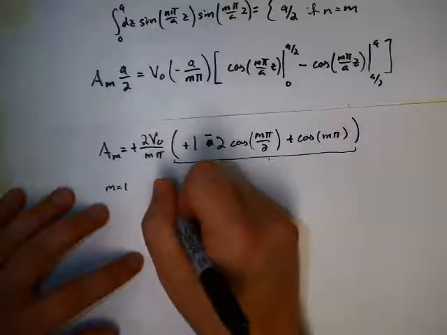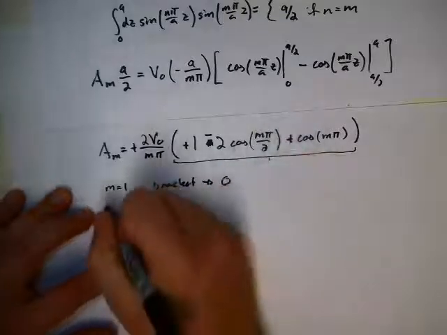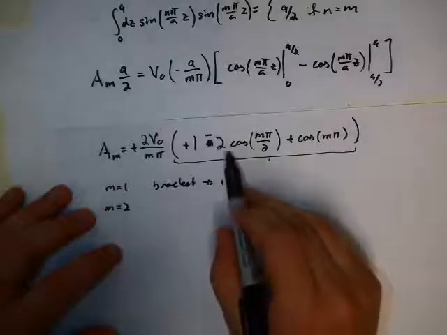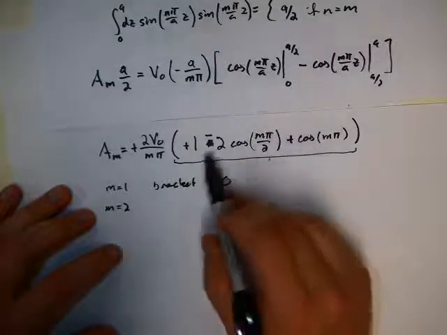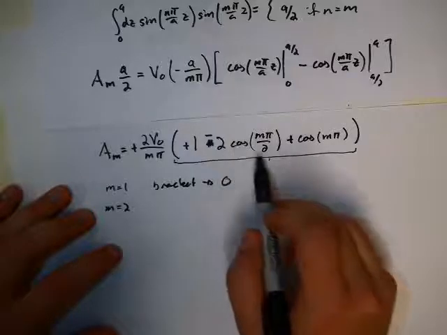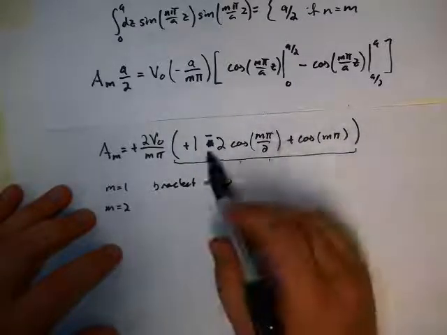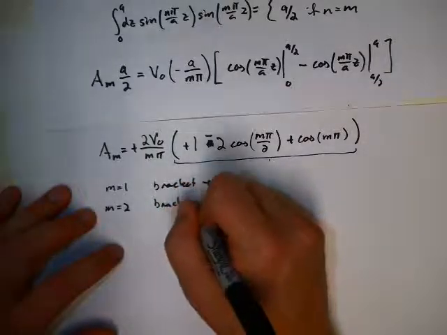So the bracket gives 0. For m equals 2, you get 1 minus 2 times cosine of pi. Cosine of pi is minus 1, so 1 minus 2 times minus 1, so 1 plus 2, and cosine of 2 pi is positive 1. So 1 plus 2 plus 1 is 4. So my bracket gives 4.